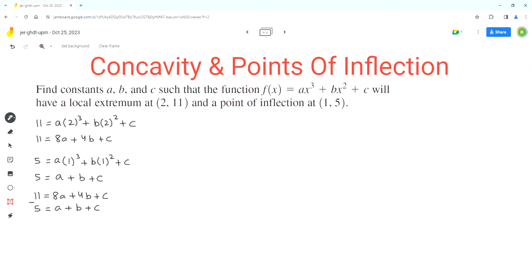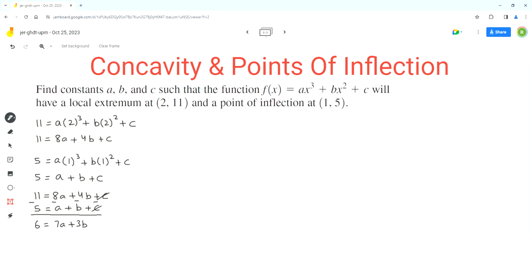If we subtract these two equations, the c terms will cancel each other out. So 11 minus 5 is equal to 6, 8a minus a is 7a, and 4b minus b is equal to 3b. So we get this equation just in terms of a and b.